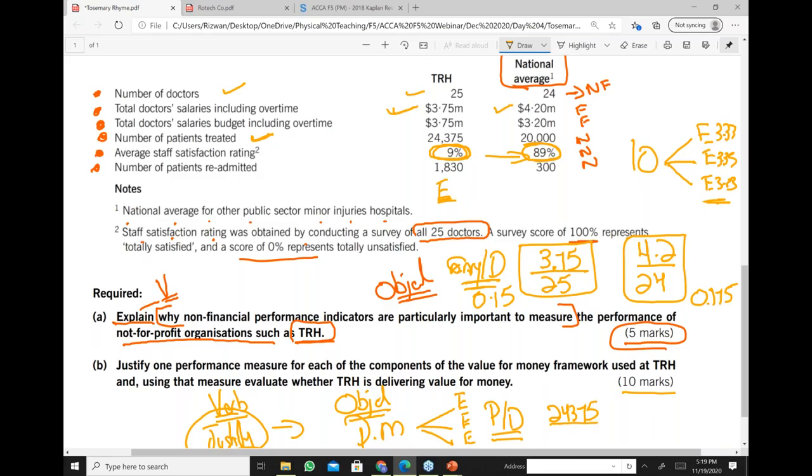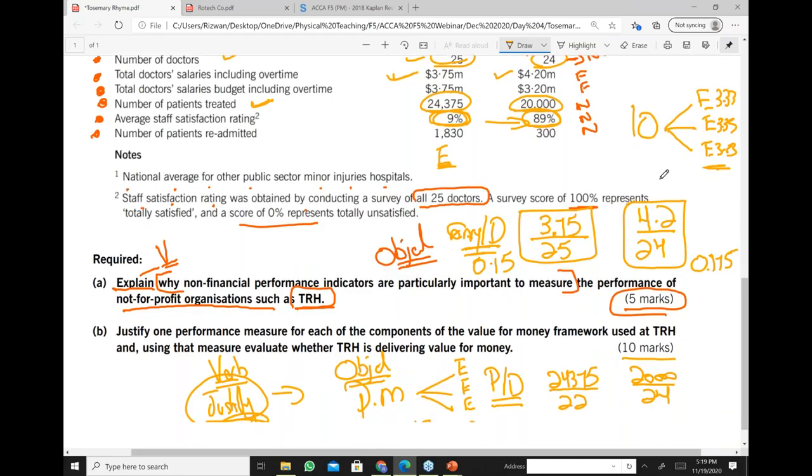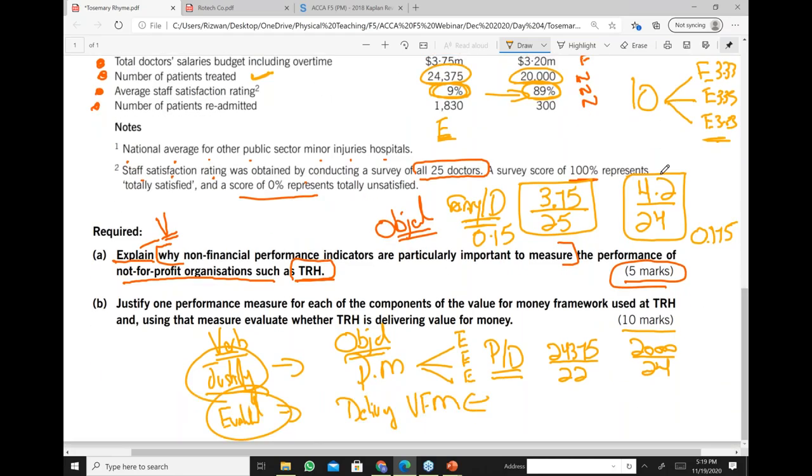24,375 patients divided by 25 doctors. For the national, 20,000 divided by 24. Okay, great. So patients per doctor. How many patients treated per doctor? Let's work out the answer. 24,375 divided by 25.